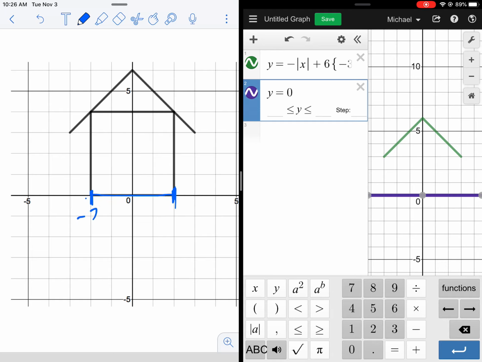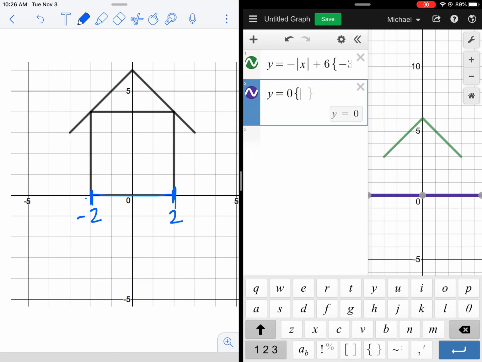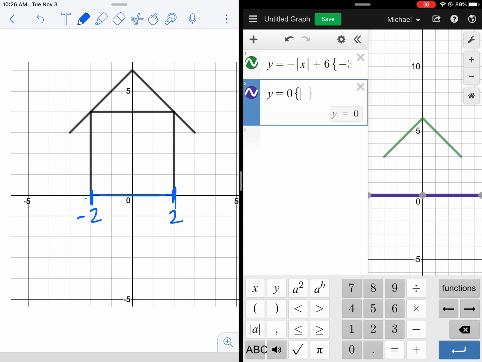So I'm going to cut it off at -2 and at 2. If I go to my brackets, I only want the stuff that's in between -2 and 2. And there it is. So I cut off those sides. I only wanted the stuff that's in between those 2 numbers.